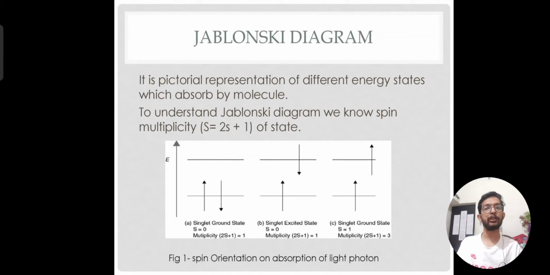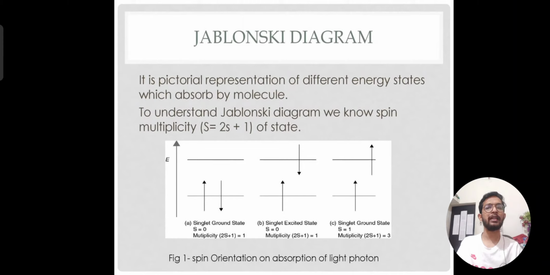Now upon absorption of a photon of suitable energy hν, one of the paired electrons goes to a higher energy level or excited state, and the spin orientation of the two single electrons may be either parallel or antiparallel. As seen in figure 2, here the spin is antiparallel. Therefore, s1 plus s2 will be 0, and thus 2s plus 1 is 1 and the spin multiplicity is 1.